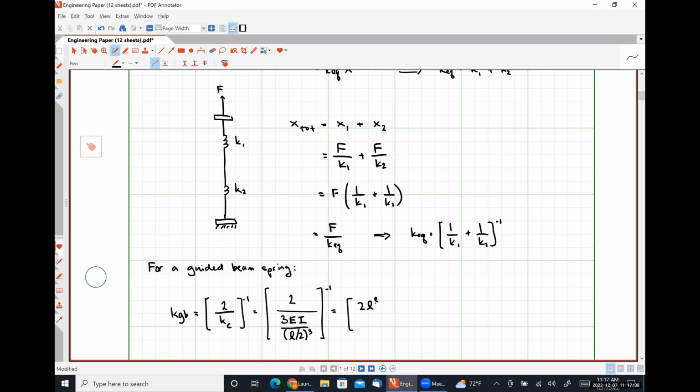So that's going to be 2 L cubed. The 1 over 2 cubed in the denominator of the denominator is going to give us a factor of 8. 8 times 3 is 24. So we have 24 EI here, all of this to the -1 power. 24 over 2 is 12. So 12 EI over L cubed, where L is the total length of the beam. So this is our spring constant of our guided beam structure.